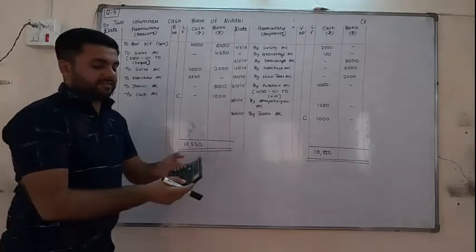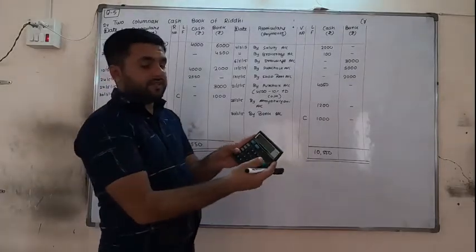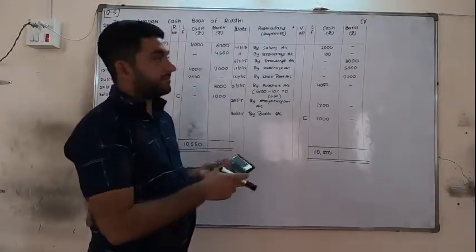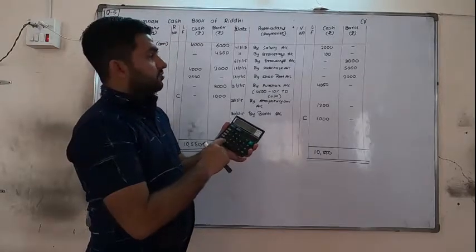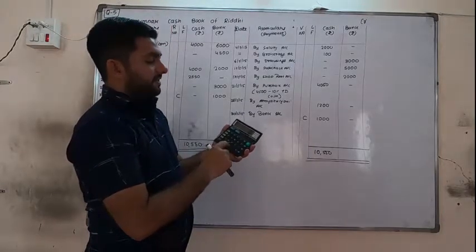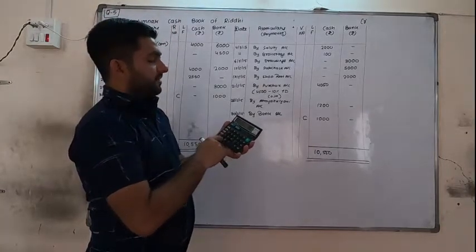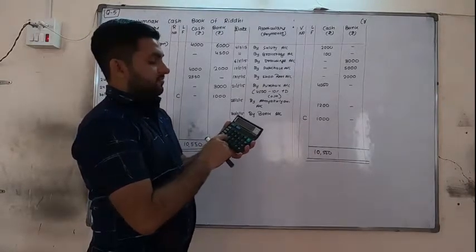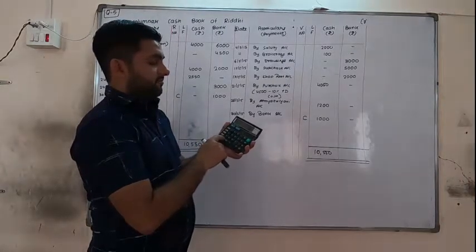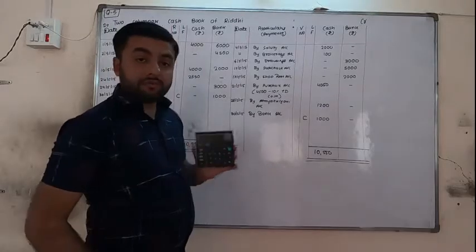Now subtract each thing. Again do 0 and 10,550 minus 2,000, minus 100, minus 4050, minus 1,200, minus 1,000, 2,200.